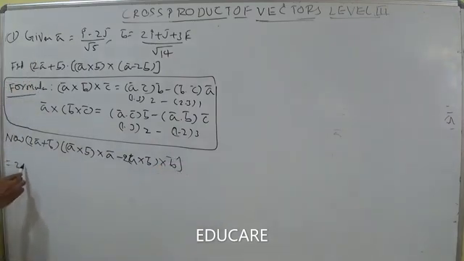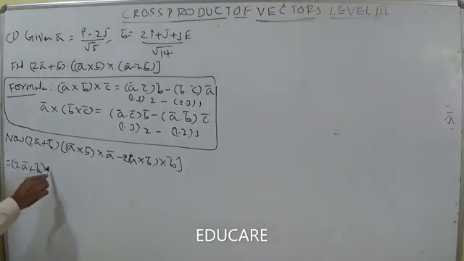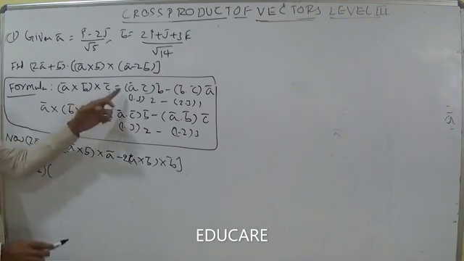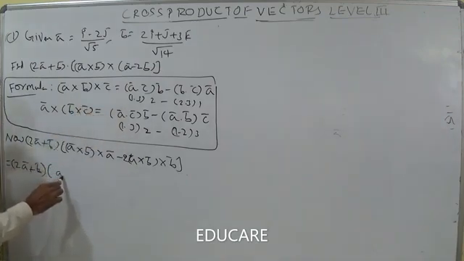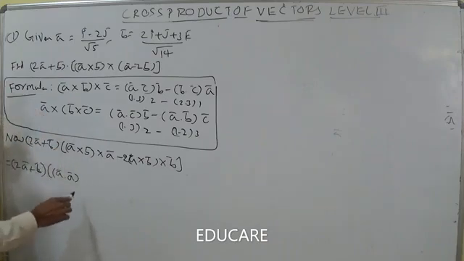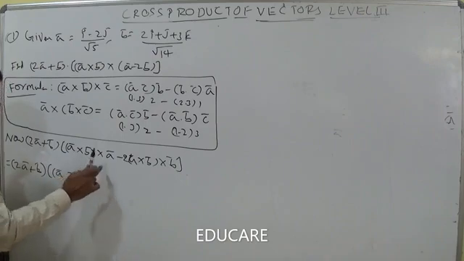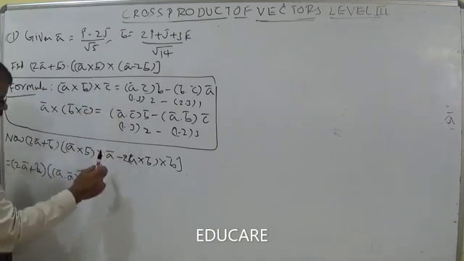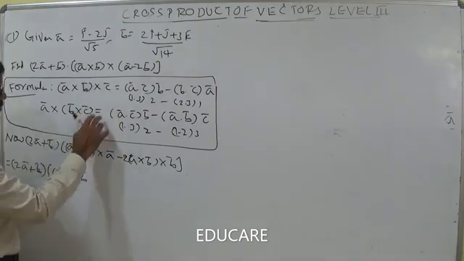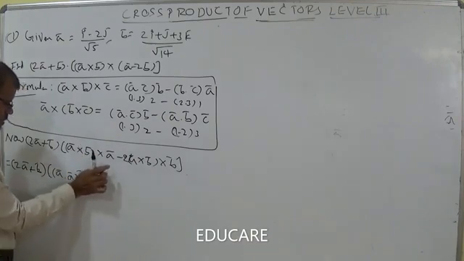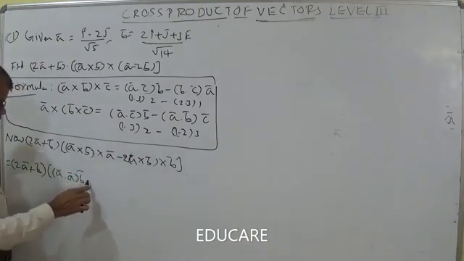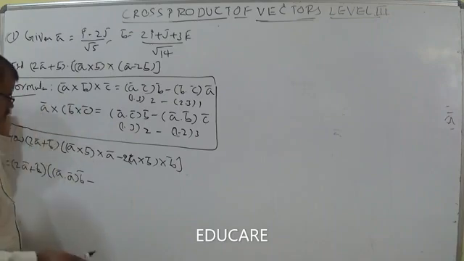Do carefully. 2a bar plus b bar into, use this formula, the Anti-Corruption Bureau formula. A into a bar, 1, 3, 2 like that, into b bar. What is the outside vector? Use this first formula: A dot a into b bar minus 2, 3, 1.